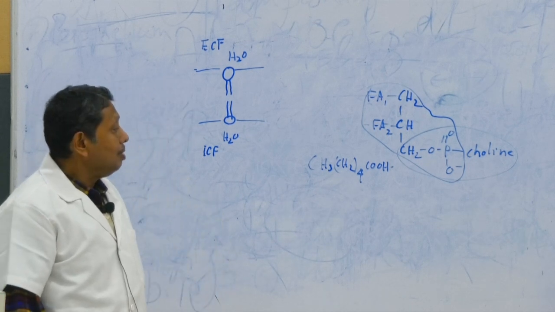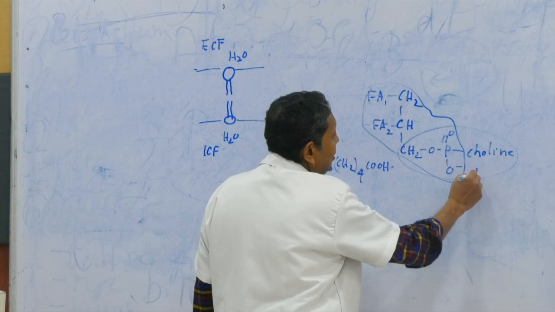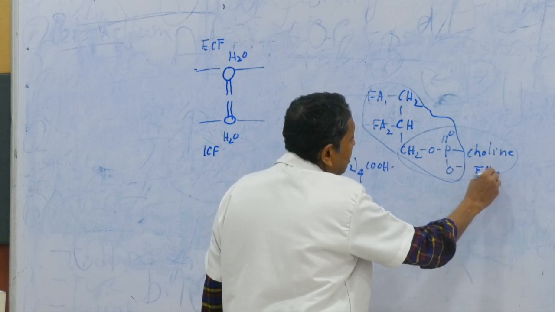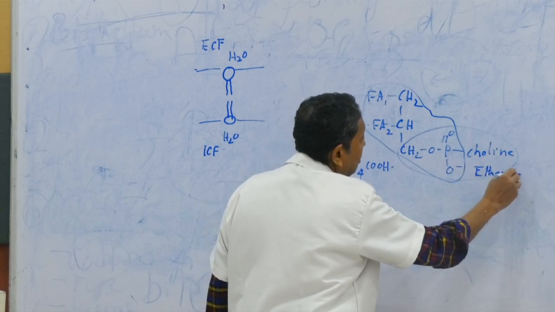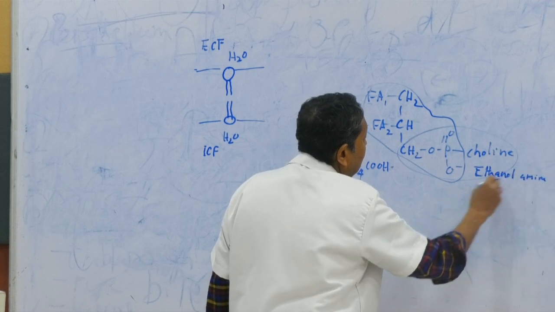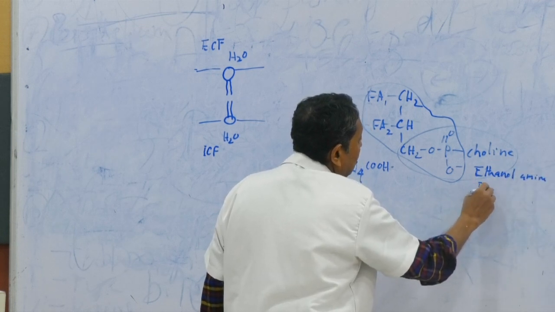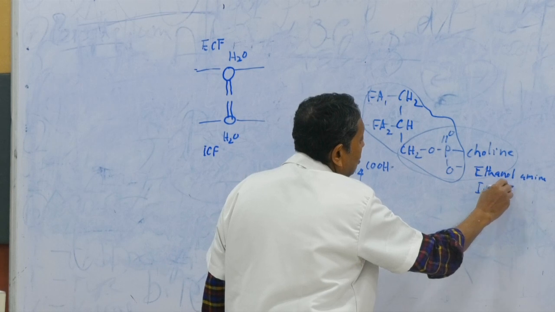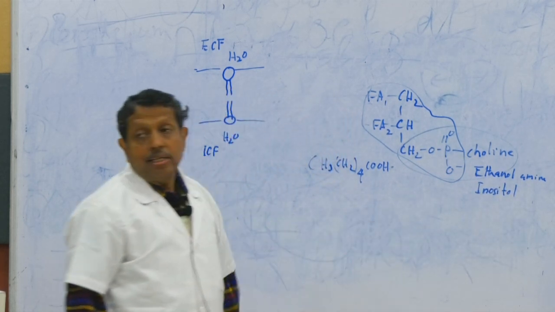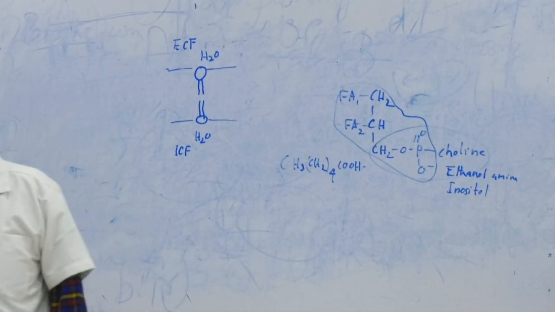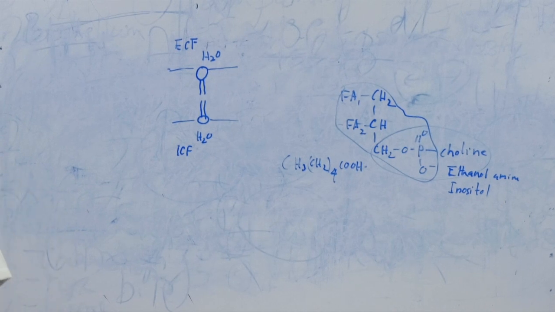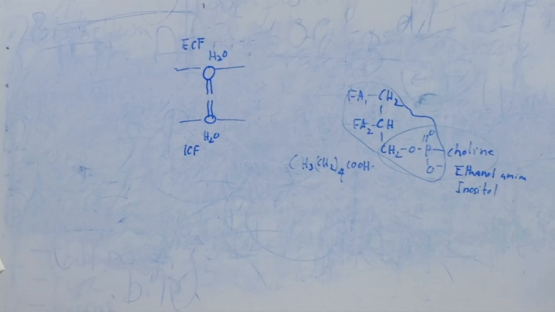It is also called lecithin, and it may be ethanolamine, or it may be inositol, phosphatidyl inositol, and inositol is a hydroxy alcohol, and they are disposed in this way.